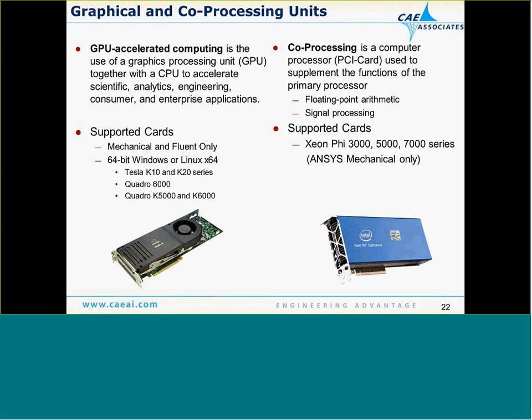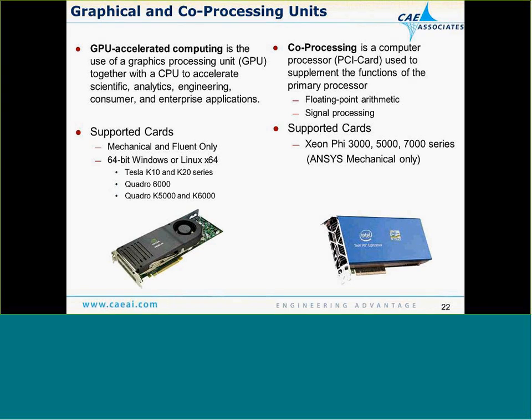Further acceleration can be achieved by using graphical and co-processing units. I'm not going to distinguish between co-processing and GPU acceleration because ANSYS treats them the same in their licensing and how it's utilized. But in general, co-processing is only supported by ANSYS Mechanical, and the only cards that are supported are the Xeon Phi 3000, 5000, and 7000 series.